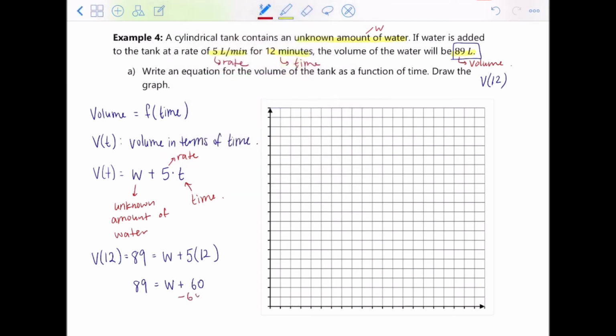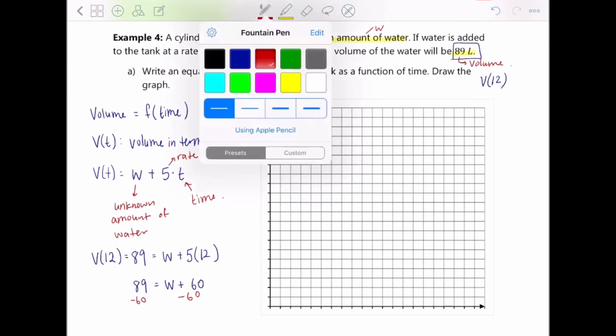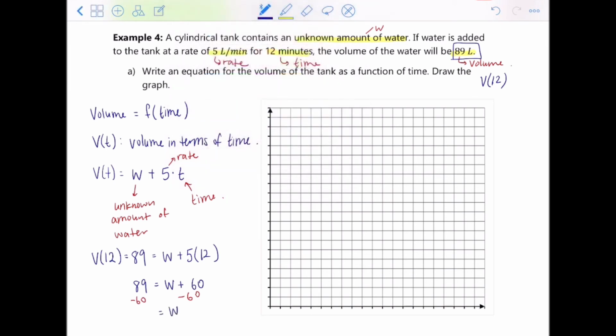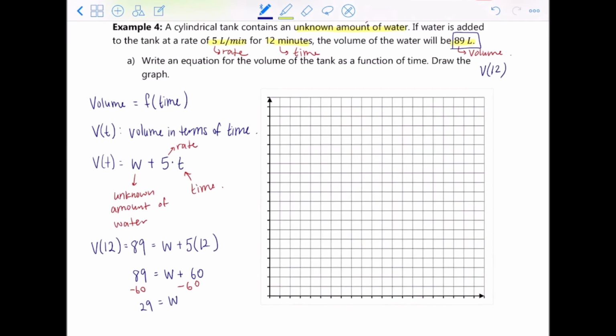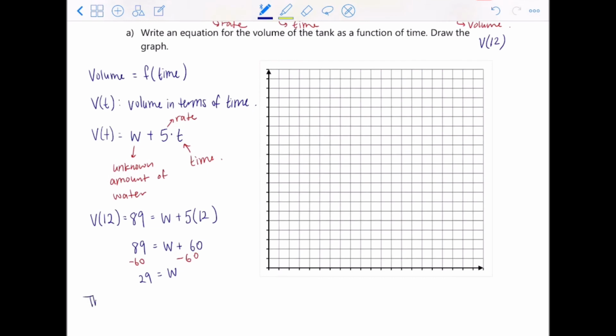So you take away 60 from both sides of the equation, and then you get W equals 29. So it says unknown amount of water, but we know that we actually started with 29 liters. So the tank contained 29 liters of water in the beginning.